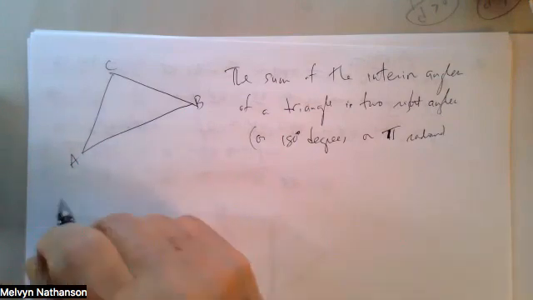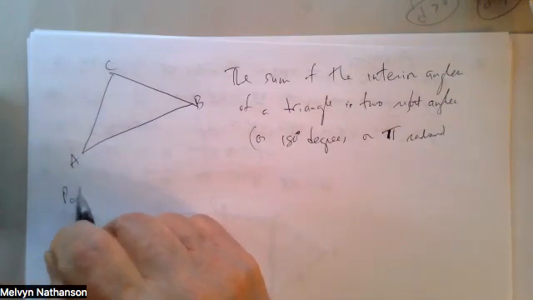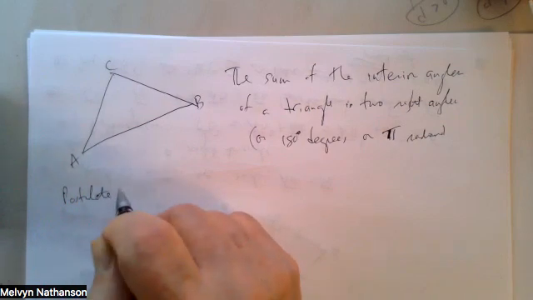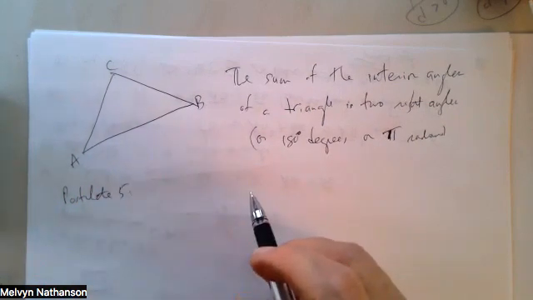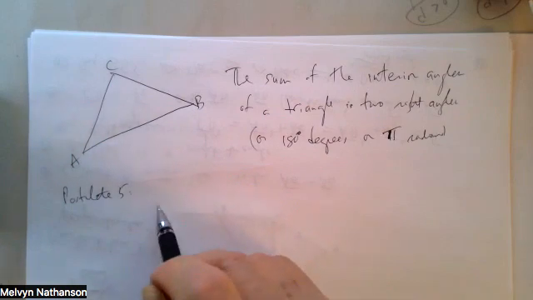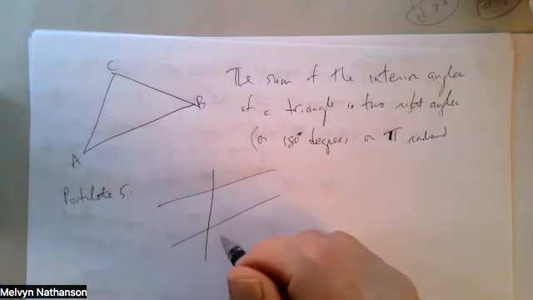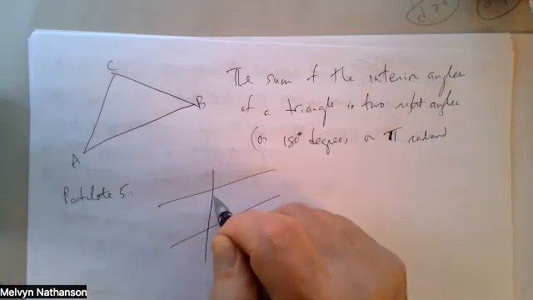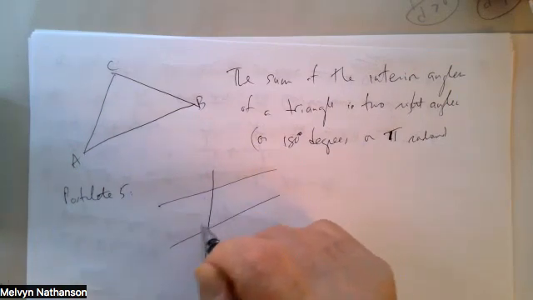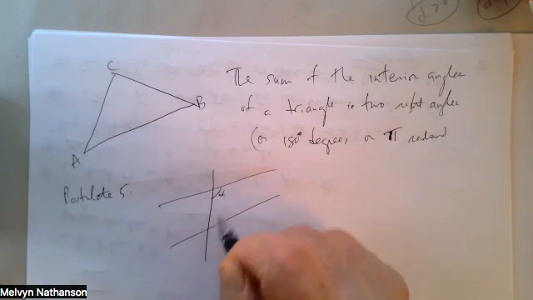Remember, postulate 5 in Euclid said the following: if you have 2 lines, and if a third line crosses them, so you have 4 interior angles.